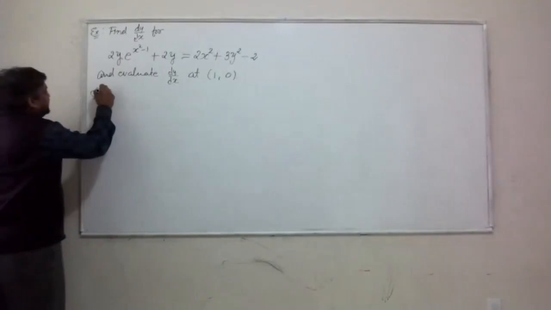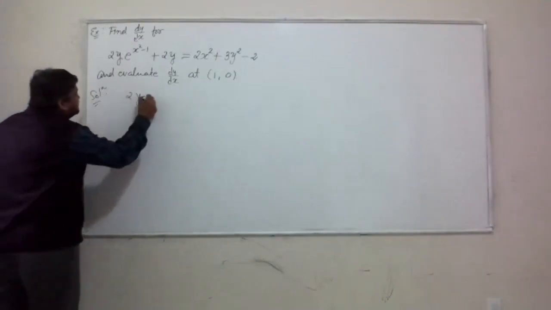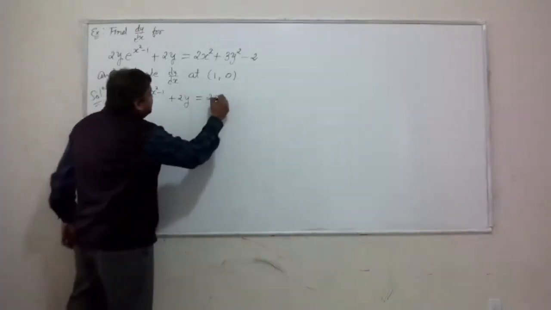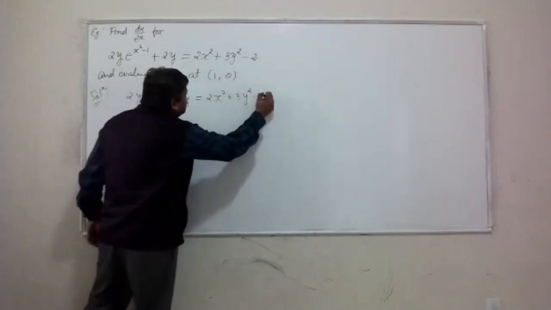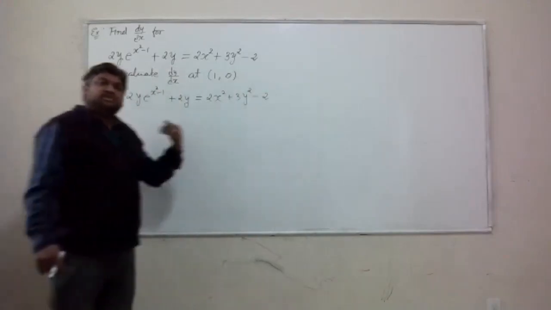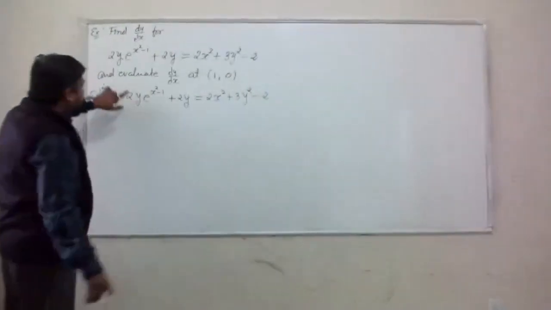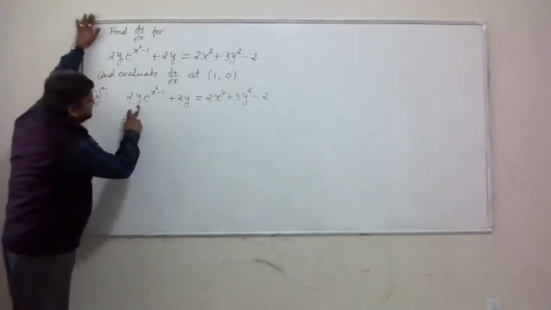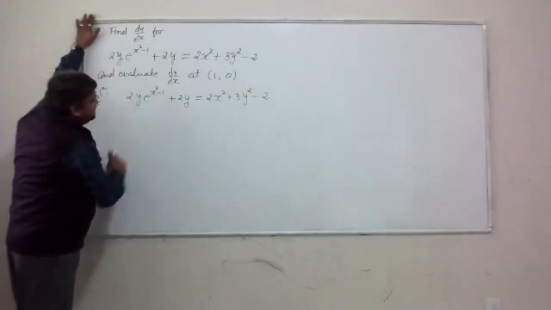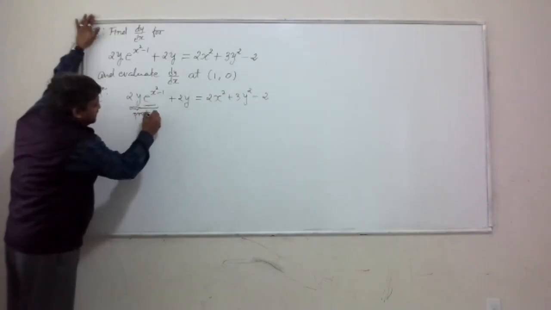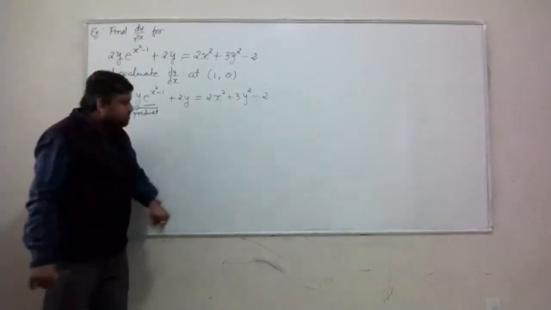Here is the solution. First and foremost, decide what rules you are going to use to differentiate every single term on both sides. And once you select the rules, you apply them, right? Okay, let's do that. This is how I'm going to read it. 2 times function of x times e to the x square minus 1. Clearly, this first term is in the form of factors, something of x multiplied by an expression involving x. So I must use the product rule to differentiate the first term, right?